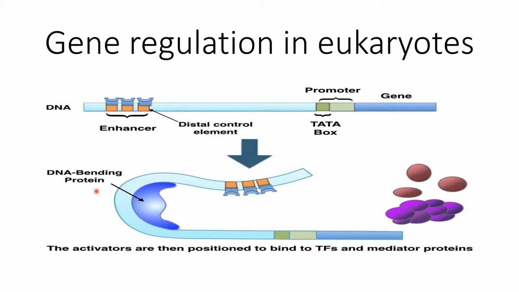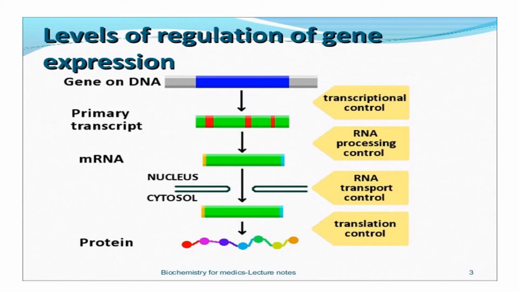DNA bending proteins are responsible for bending, and also for carrying out this interaction between the activators and the transcription factors through mediators. So the different promoter regions as well as the enhancers are all regulatory nucleotide sequences. They are used to regulate eukaryotic gene expression.